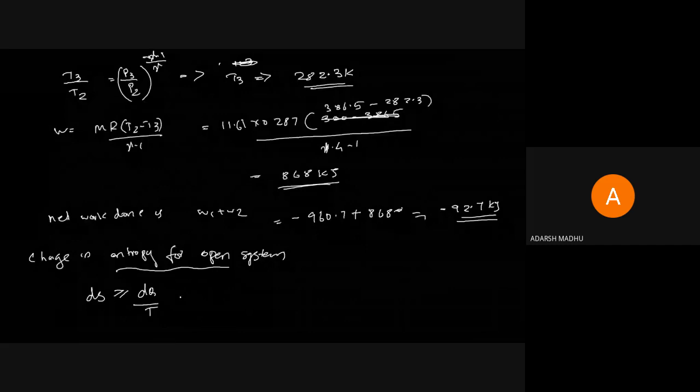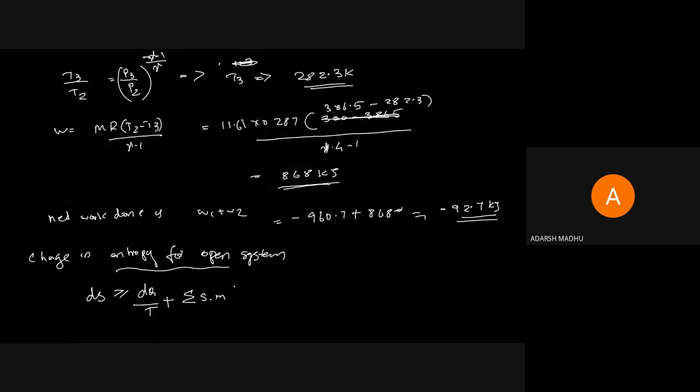Additionally, a mass transfer term will also come, that is sigma s into m, where s is the specific entropy and m is the mass of the system. There is no problem related to the open system; you only need to know the concept. For a closed system, the only transfer is heat.